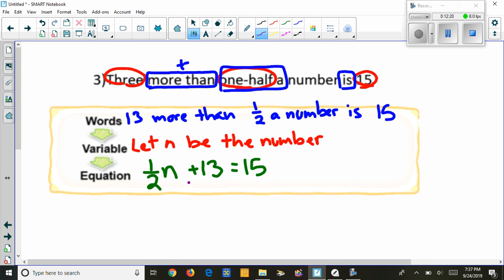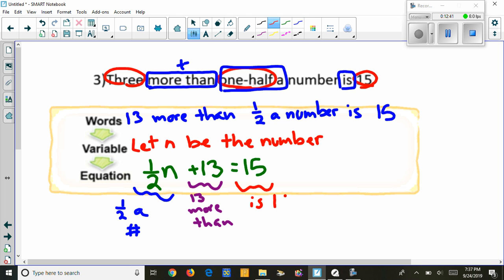So again, we started off with the 13 more than 1/2 a number is 15.